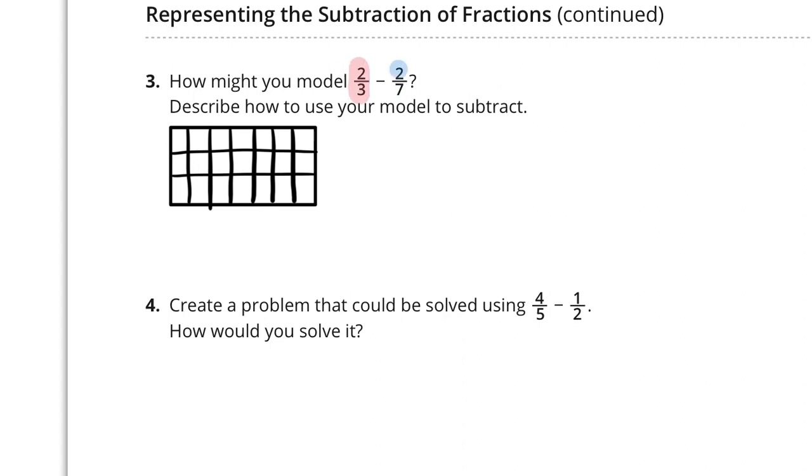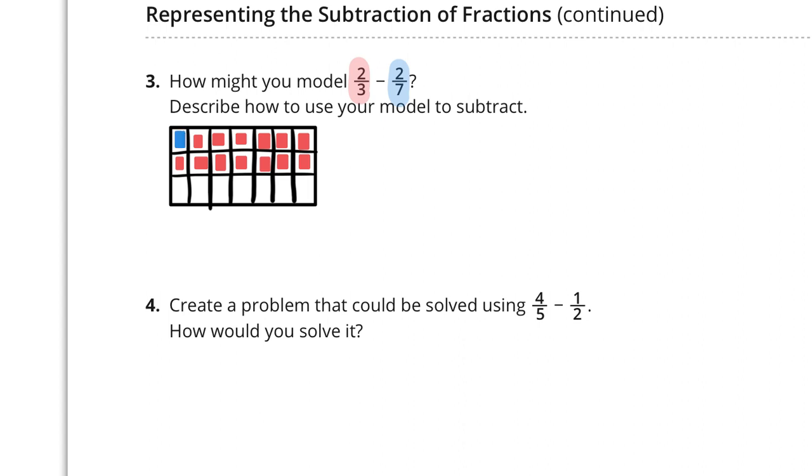and I'm going to color code this with red and blue, and let's put 2 out of 3 rows with red circles in them. So 2 out of 3 rows with red circles. Oh, they're squares. Okay, today they're squares. So we've got 2/3 with squares. Next, we have to take away 2/7.